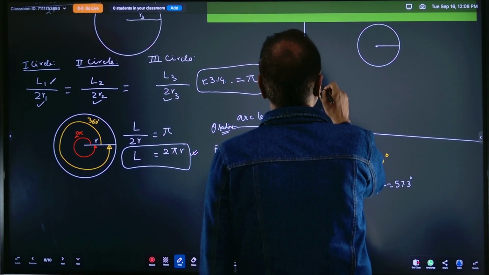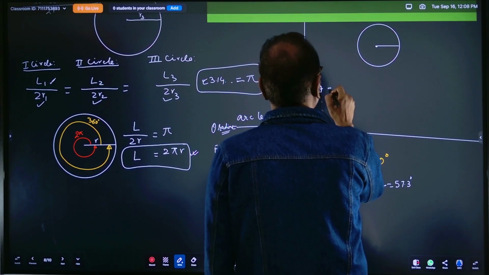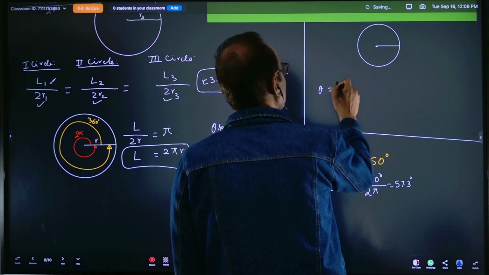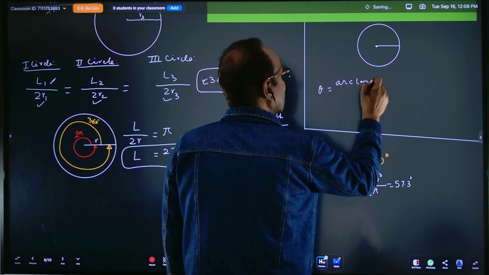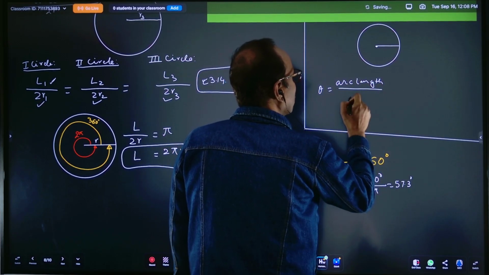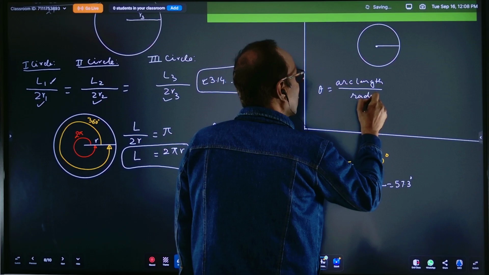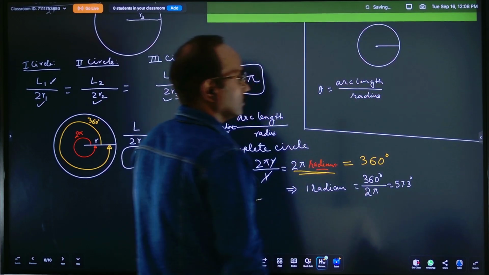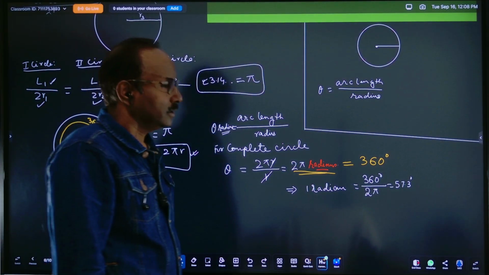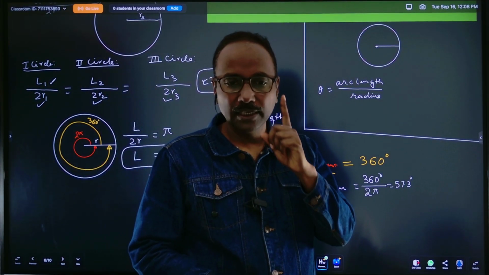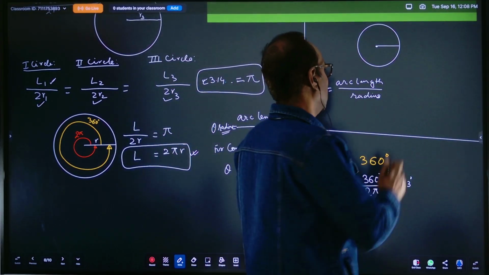If you notice, theta radian has been defined as arc length by radius. You want to find 1 radian.